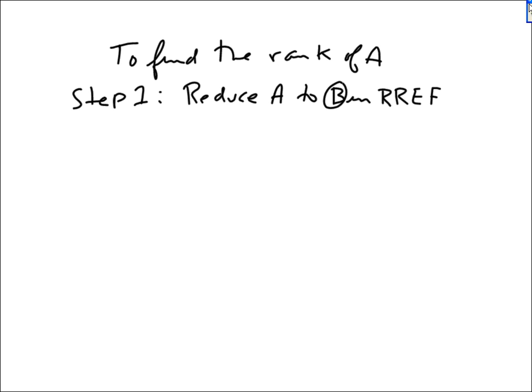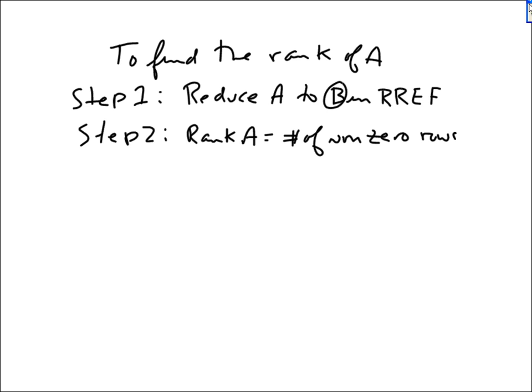That is, B is in RREF form. And then we're done. Step 2 is trivial. The rank of A is equal to the number of non-zero rows in B. So you reduce A to RREF form, which I'll call matrix B, and then you count the number of non-zero rows in B.